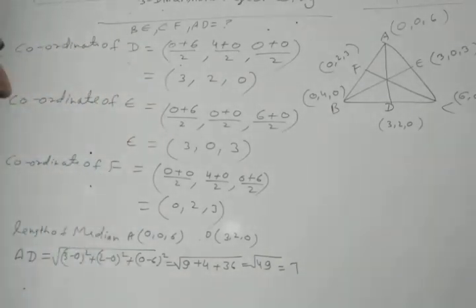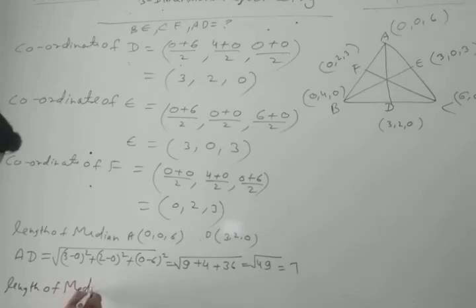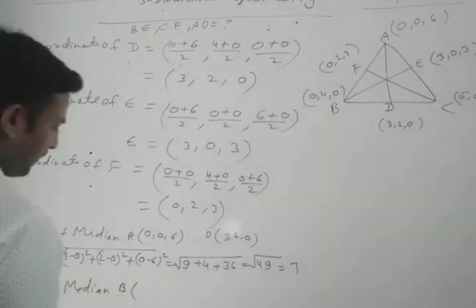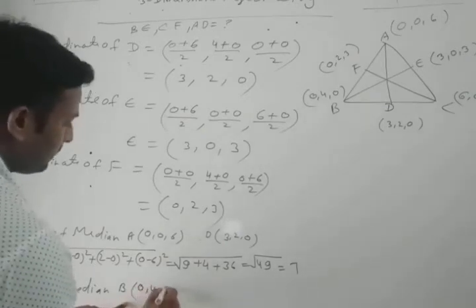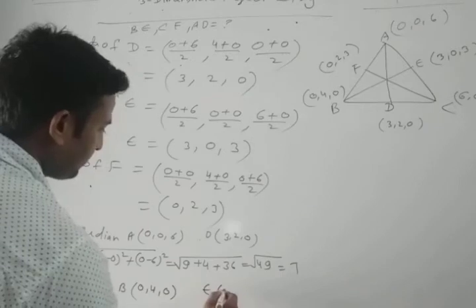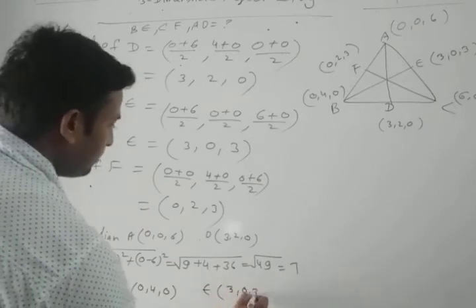Okay. Now we will find the second median, which is BE. The length of the median whose coordinates are B (0, 4, 0) and E (3, 0, 3).